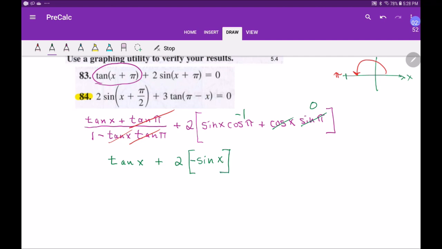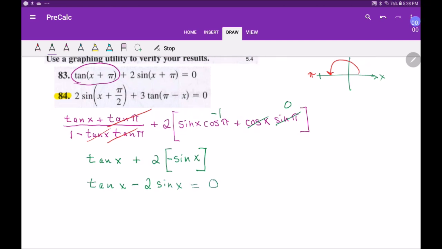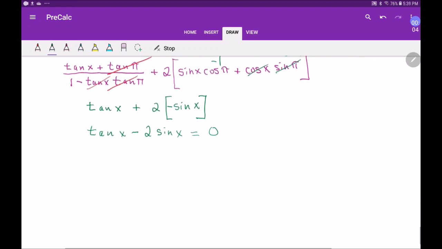So we say the tangent of x minus 2 sine x, and that's equal to 0. We're going to factor something out to make this work for us.